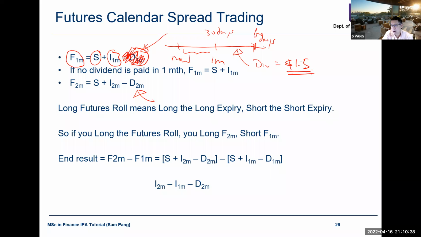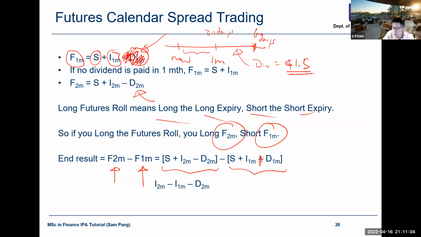Okay. Now, if you long the futures roll, you long the long, short the short. So you long F2M and you short F1M, the price of that would be long this one and short this one, which means it will be this minus this.